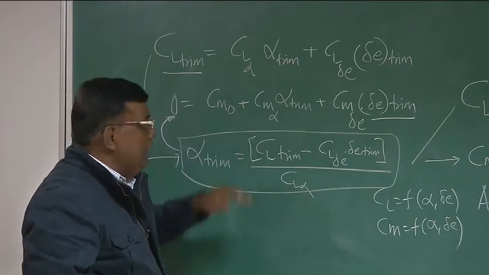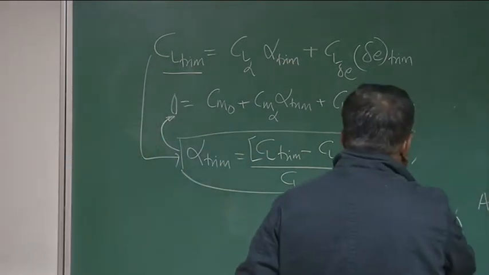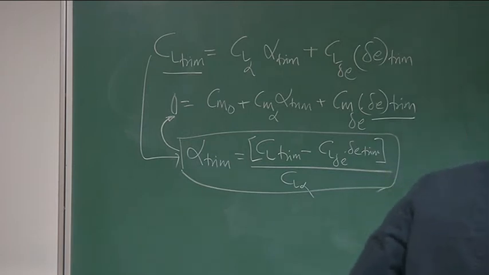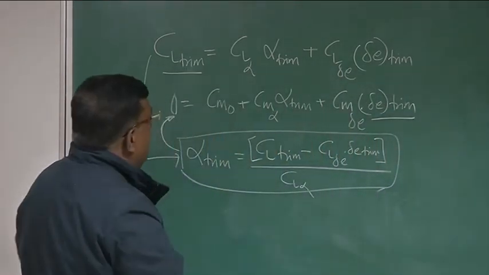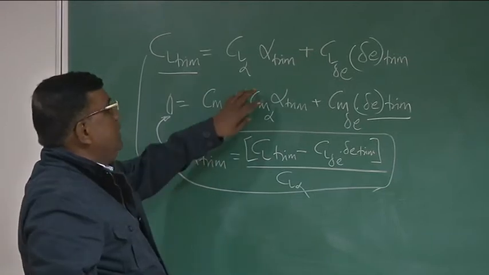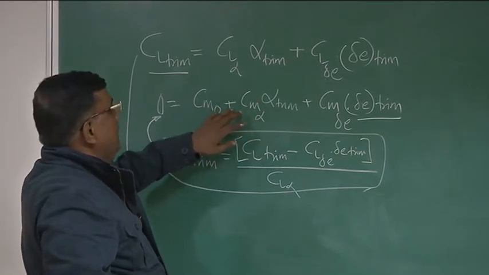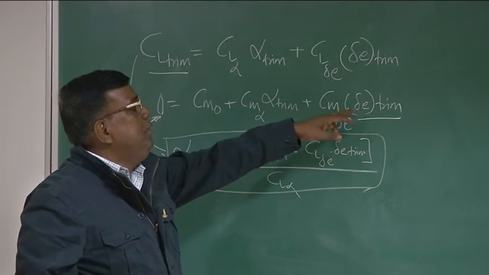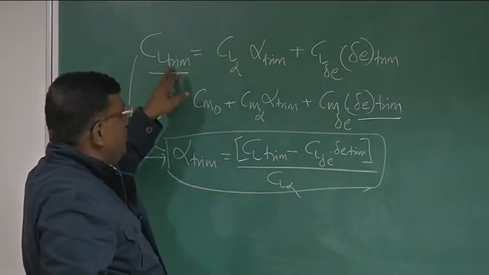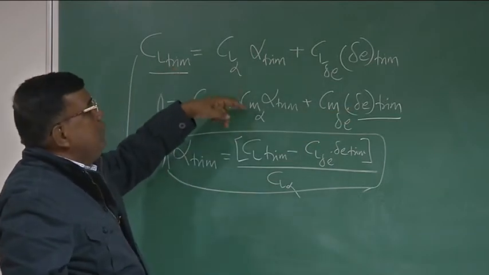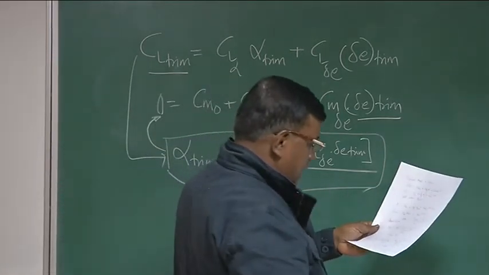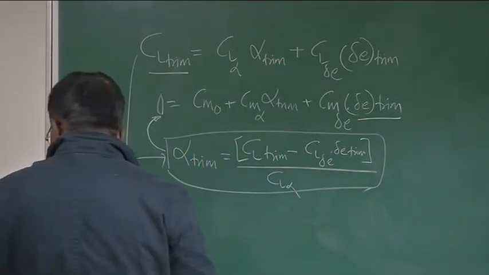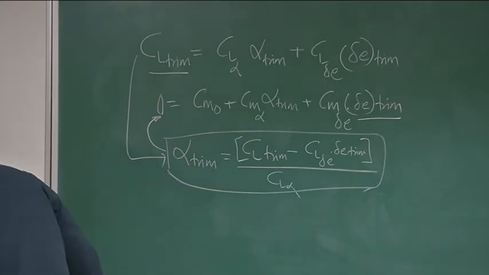So if you do this manipulation, I leave it to you to derive this small relationship. I repeat again, I will be putting alpha trim here in this expression, and then try to find the relationship between delta E trim and Cl trim. So we are eliminating alpha trim using these two equations, and then you will get some term, which I am sure you will be able to do.